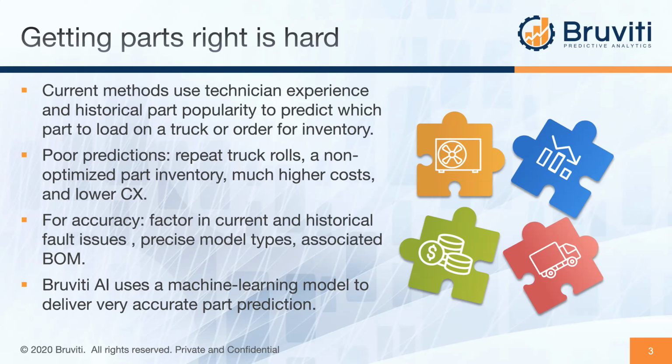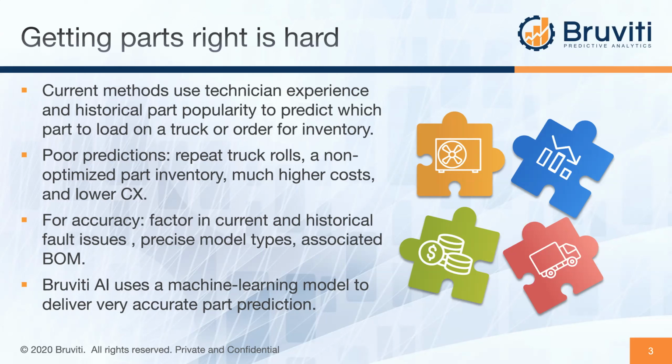Historically, parts prediction has typically been done based on service technician experience and what they decide to load on the truck, or on historical part use information. For more accurate parts prediction, Brewity uses current and historical fault issues for the specific model type to be serviced, and has access to the BOM, the bill of material, for that specific model type.